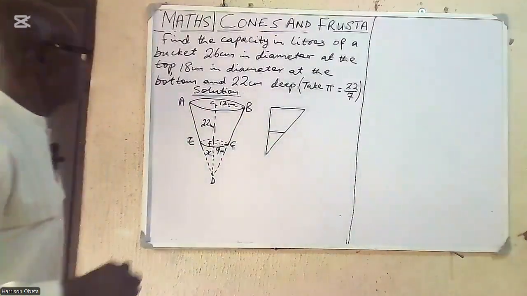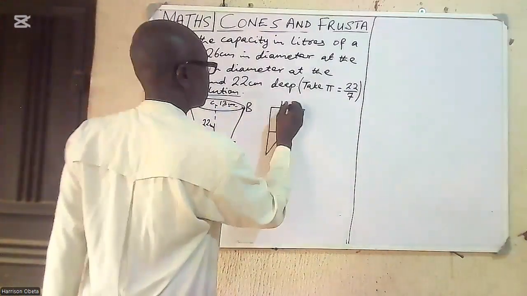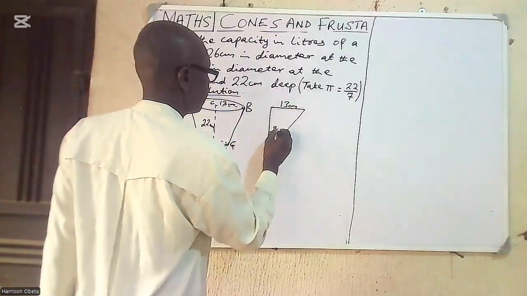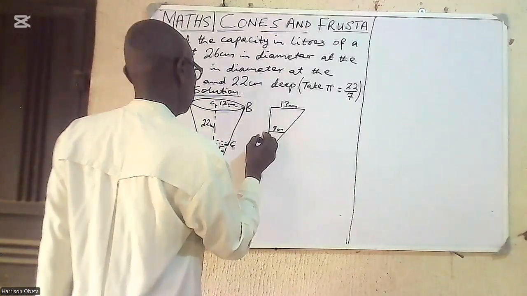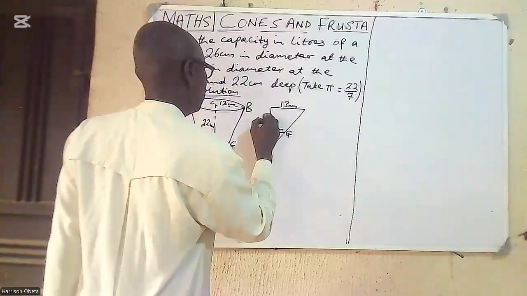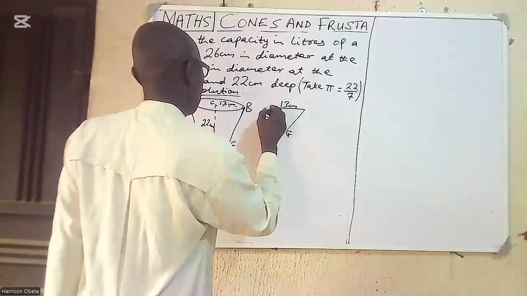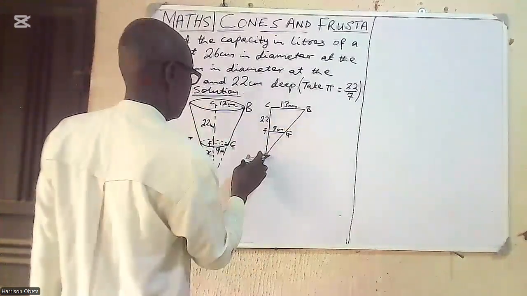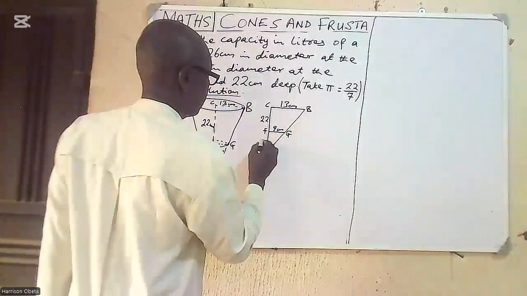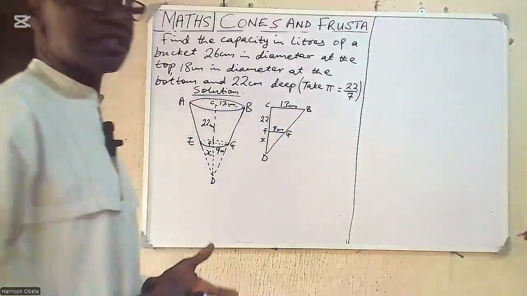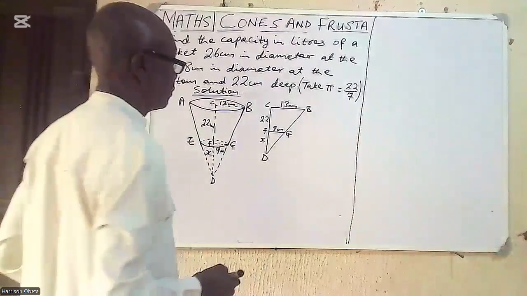This is our 13 cm, this is 9, and then this is F, G, and this should be 22, and this is our C, this is our B, and then we have D here. So this is x. We are going to use the idea of similar triangles to find the value of x.